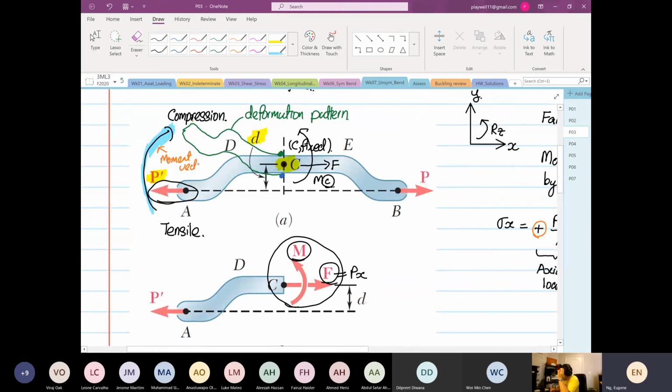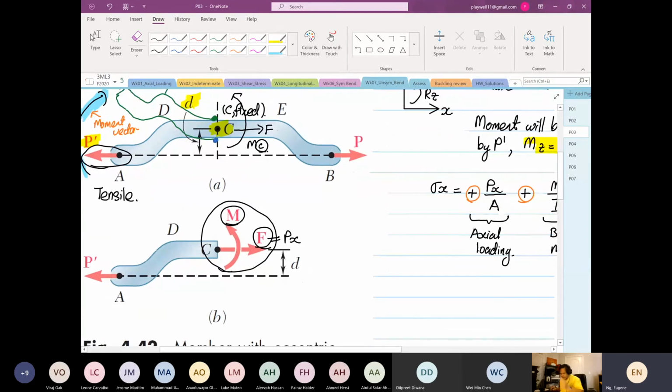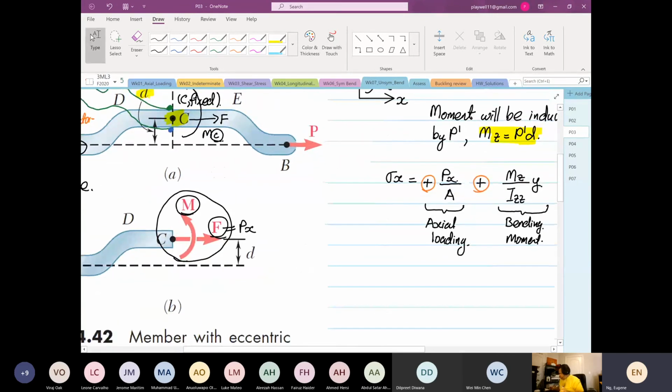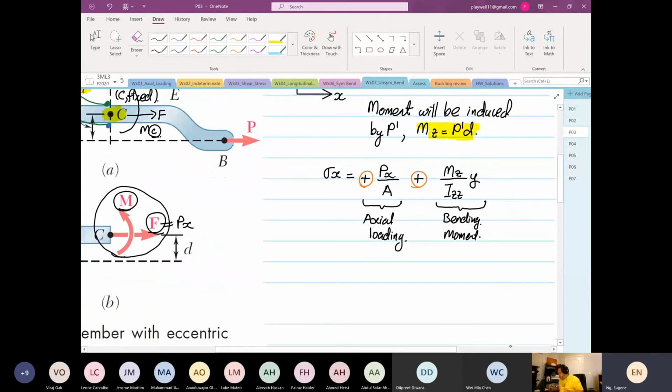Later on, I'll show you an example of whether it is plus or minus. But the root formula is you have to consider the axial load and the bending moment. And an important thing to take note of is Mz over here is P prime multiplied by d.